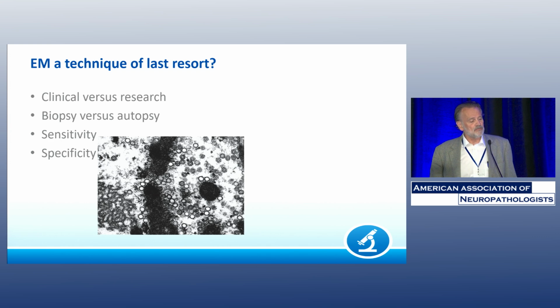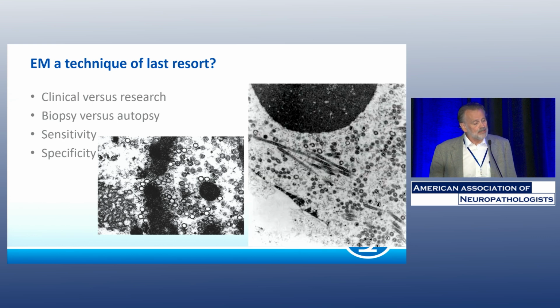So you do have some specificity associated with the EM technique, even though there's limited sensitivity. But you can also get examples like this, where there's kind of novel toroidal inclusions of viruses that we found in a retina, and I still don't have an idea about what virus that is. So it can be a blessing, but it's not very helpful in terms of diagnostics.